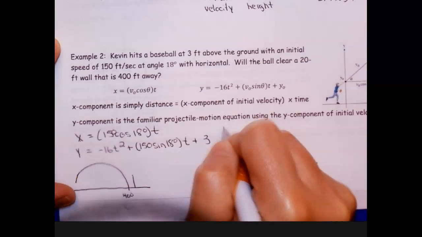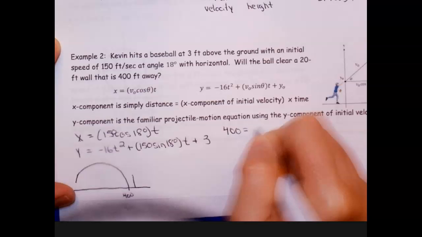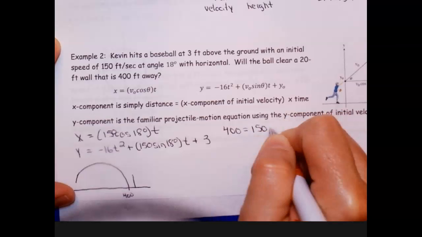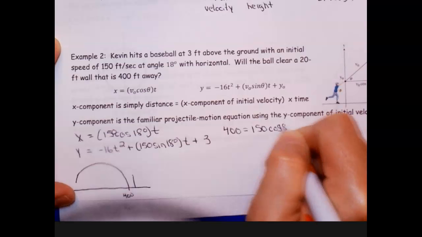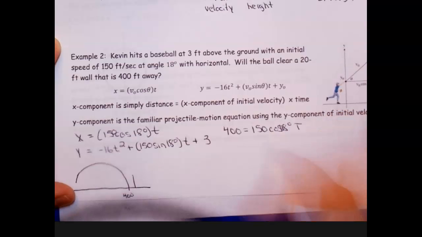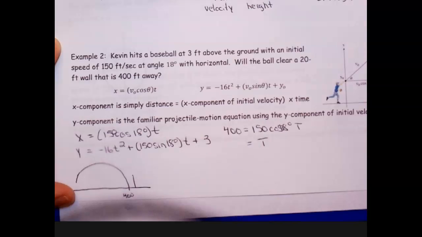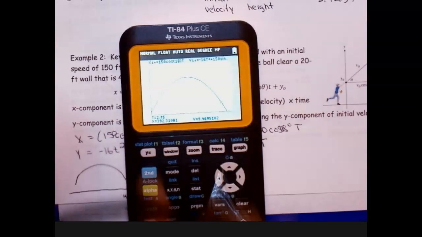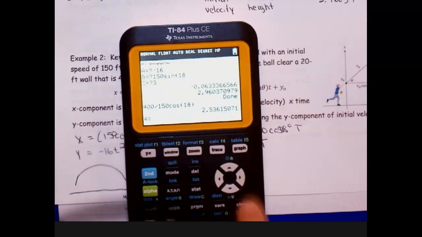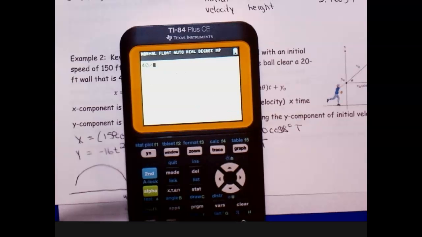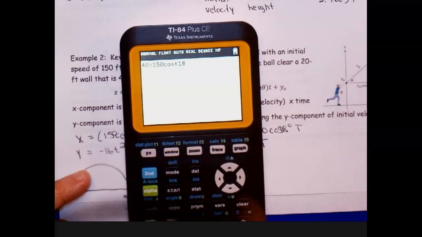So I'm going to set x equal to 400. We've got 150 cosine of 18 degrees times the time. I'm going to solve for the time. So I'm going to take 400 and divide by 150 cosine of 18.